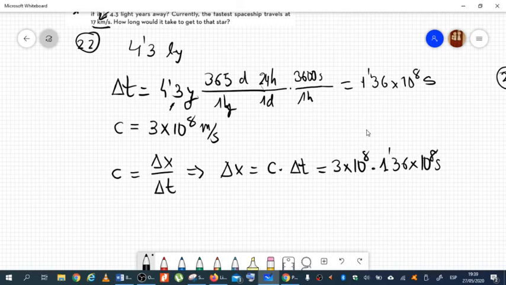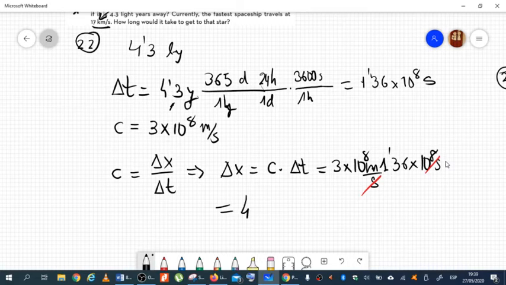Let's write here meters per second. We cancel seconds, and at the end we have meters. Let's do the operation. Multiply by 3 times 10 to the power of 8.